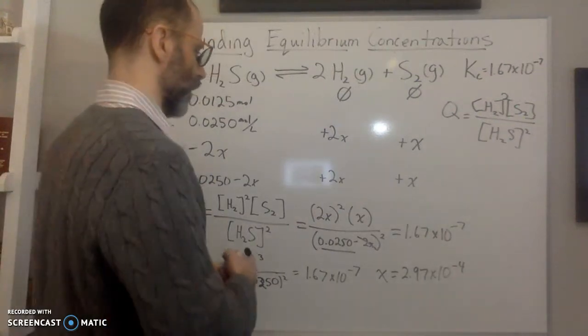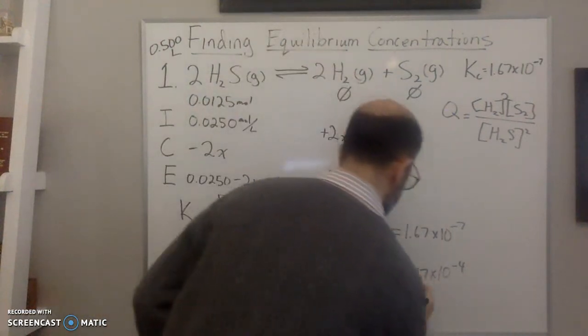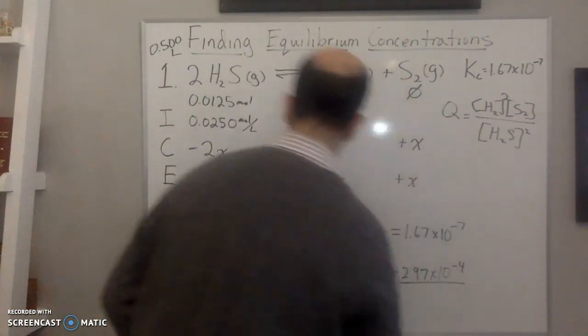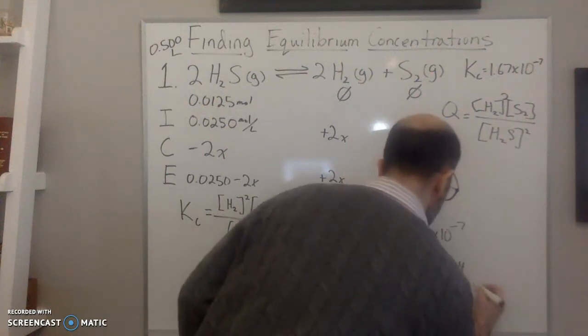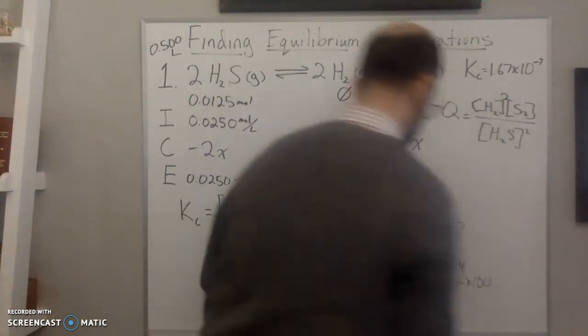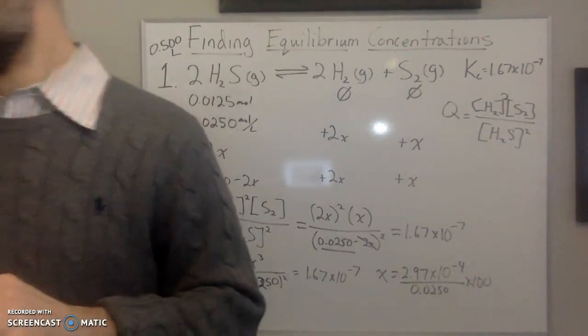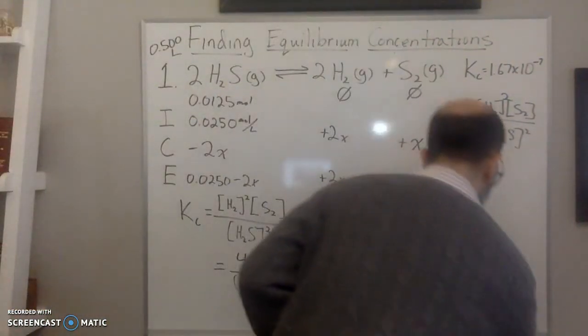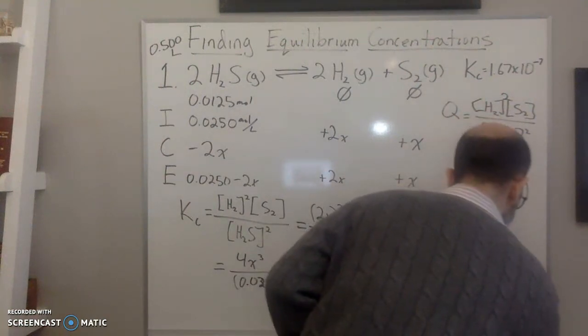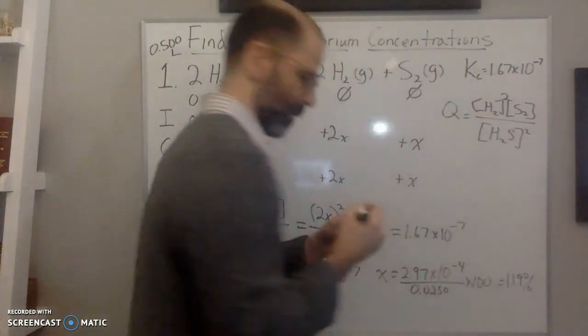So if we take x, divide it by 0.0250, and multiply that by 100, we get 1.19%.